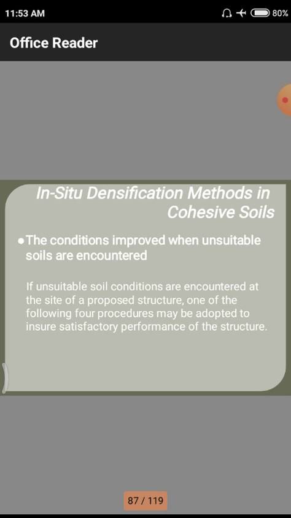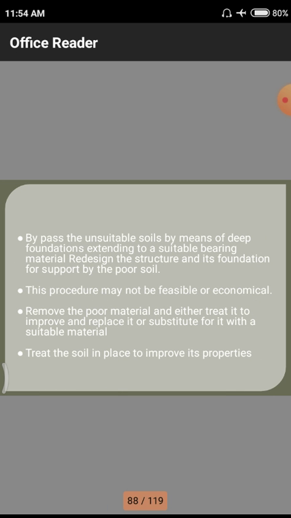If we are going to construct a particular structure in paddy fields, it is not suitable. Why? Because paddy grows in all areas or all soils, so we have to choose particular unsuitable soils which are not used for agricultural purposes, so we have to give importance.